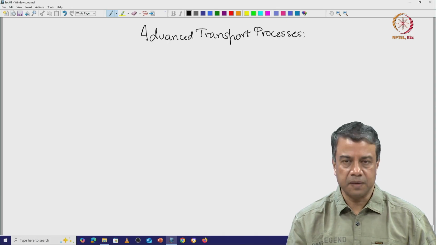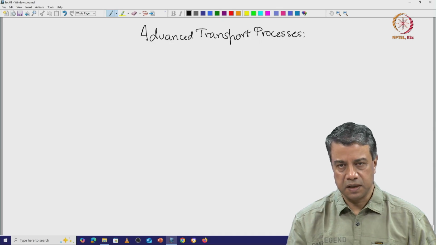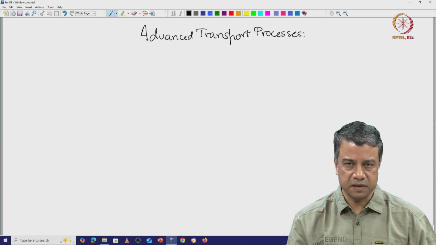We also saw how to use shell balances to derive the conservation equations, and we solved them for simple cases, mostly at steady state.